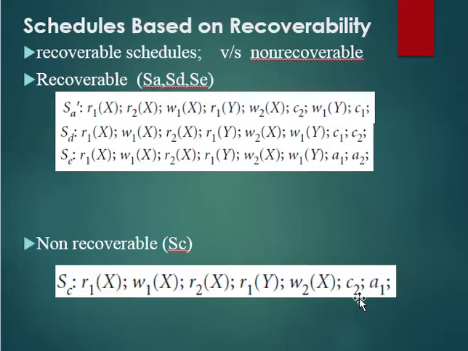Due to that crash, the system restarts, and after the DBMS restarts, it first checks the system log. The log says that transaction T1 started and ended as abort, and transaction T2 started and committed.